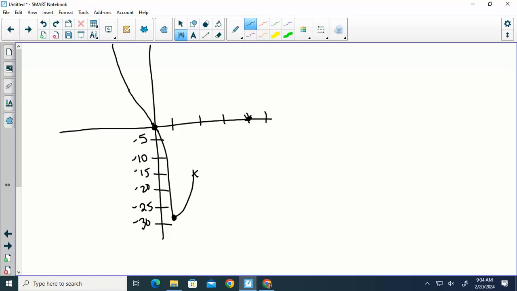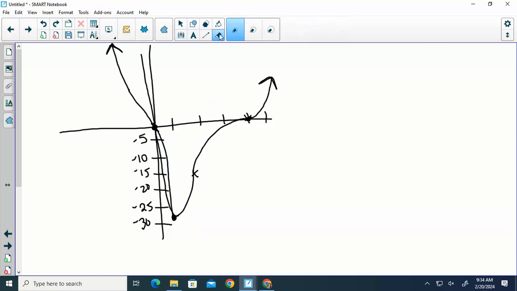Okay, so that's the point where we now switch concavity and it's curving downward. And then from here it switches and it's curving upward again. So this whole thing is supposed to be curved up, but it's kind of tricky to do. We'll just try to do an easy little fix there. Okay.